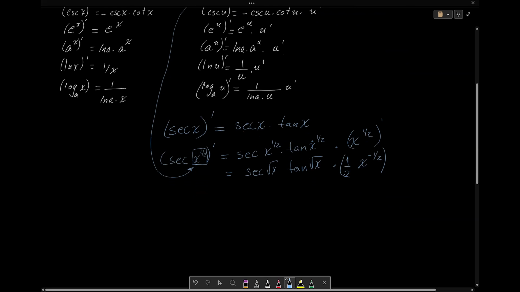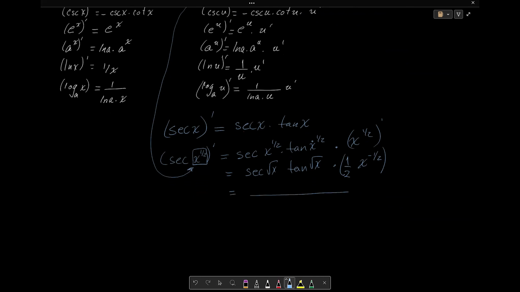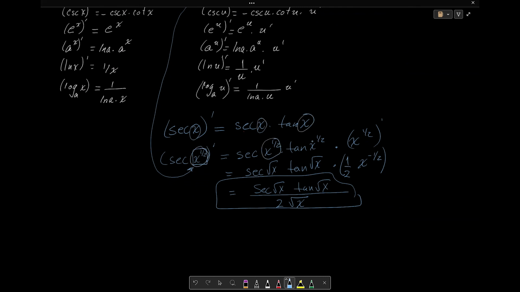And now we can simplify things. x to the negative 1/2, bring it down and make it a square root. There's the answer. Okay? So as you can see, this is here and there. This is here and there.